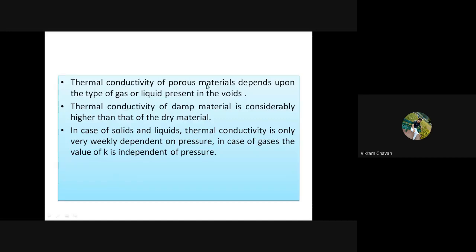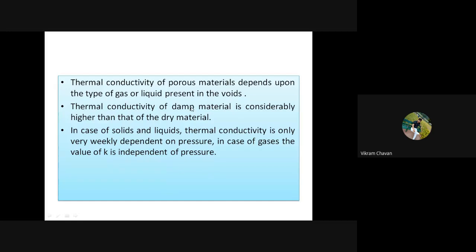In that case, the thermal conductivity of that material depends on which kind of gas or liquid is present in the void or hole. Then the thermal conductivity of damp material.